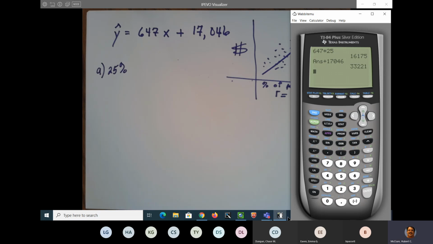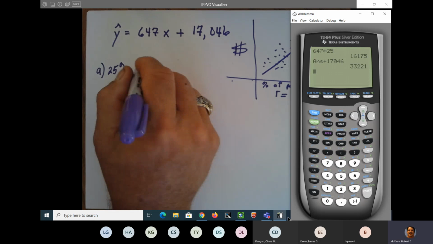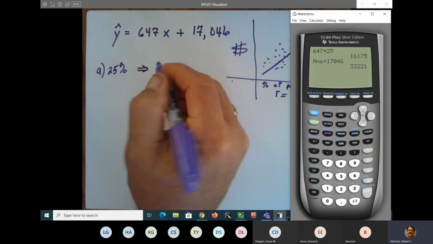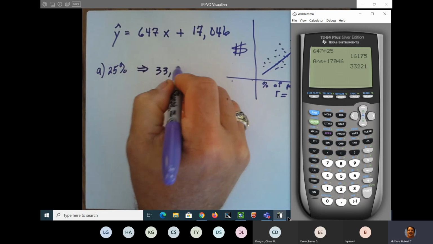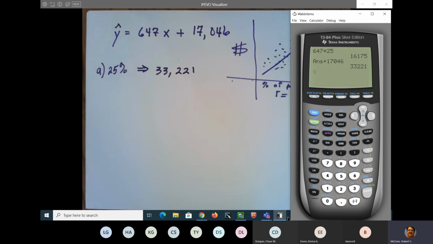At 25%, you're going to be making around 33,221.